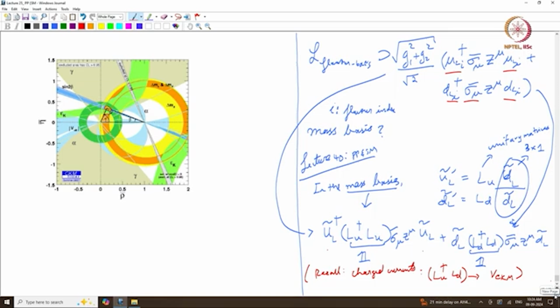In fact, whatever the rotation matrix that takes me from flavor space to mass space, it is eaten away, and I end up with just the identity, okay.